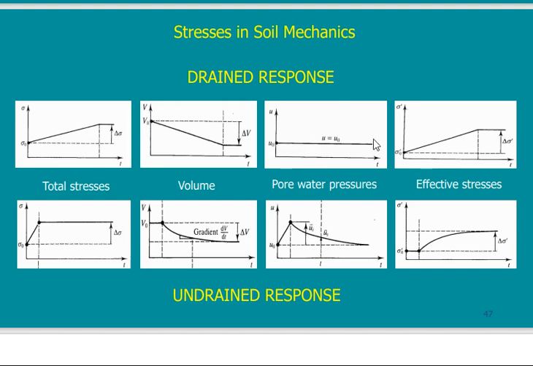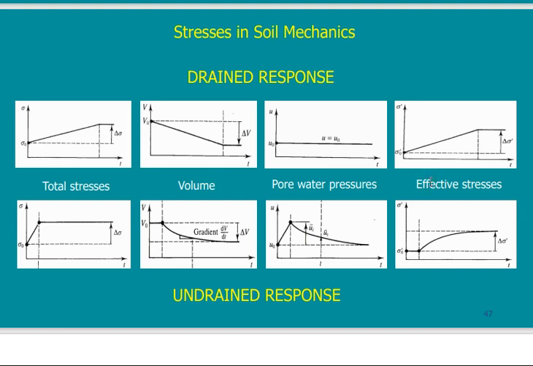Here the water response was constant all over the test. Here no, it starts from zero, from the start point, and then increases very quickly because water is not permitted to leave, and once it is permitted to leave, then it starts to decrease gradually till it reaches the starting point.